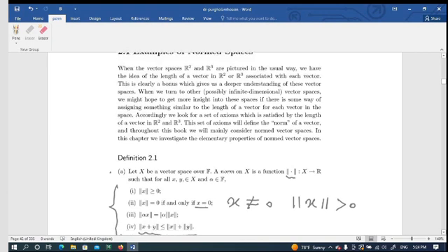So I omitted the previous subjects like metric space or other concepts and measure spaces, integrals, and now we start from definition 2.1.